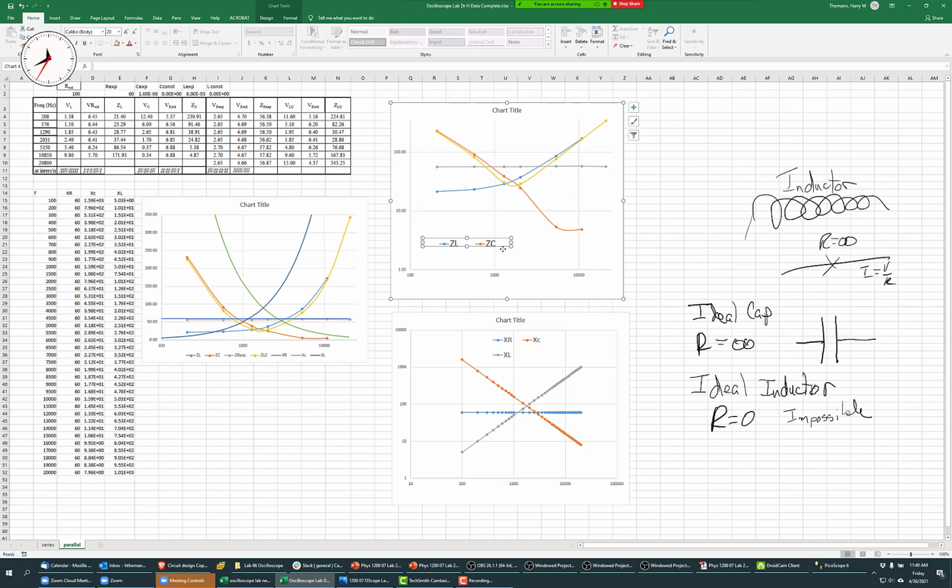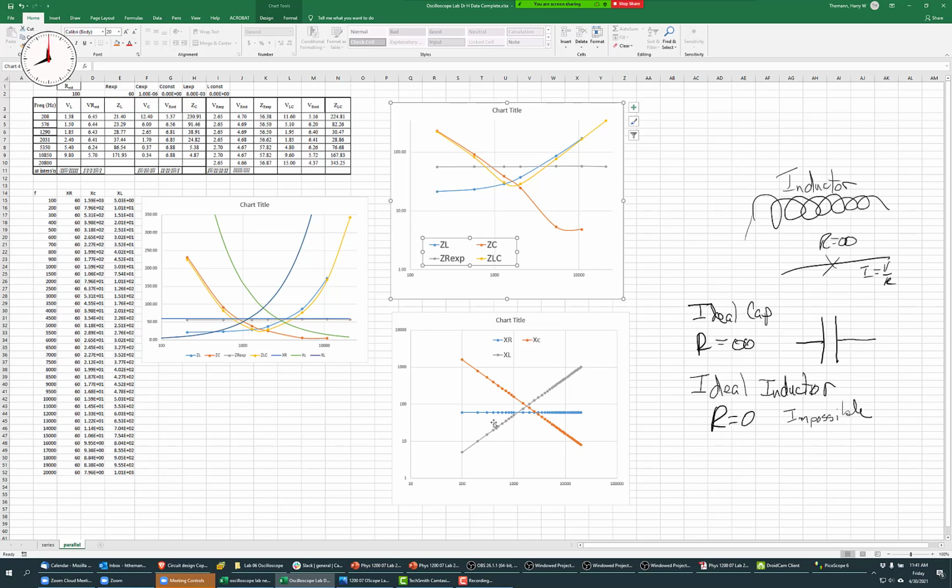I'm increasing the font so you guys can see it better. So the resistor is just a flat line, and the resistance of an inductor goes down if you go down in frequency, but notice how it becomes flat here. That's because the real inductor does not have a 0 resistance.